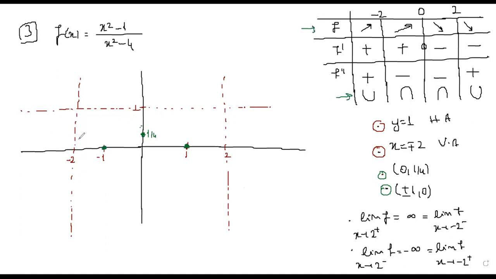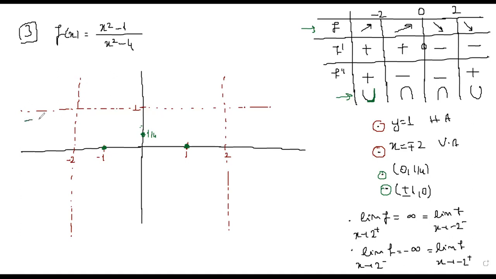First, look at here. When x is less than -2, we see the function is increasing. Okay. So the function should be increasing. On that interval, it's increasing and upward, so it should look like this. Now we know that y equals 1 and x equals -2 are asymptotes, so the graph cannot cut these lines.